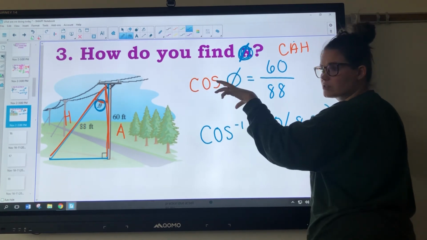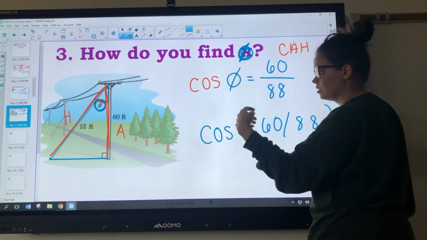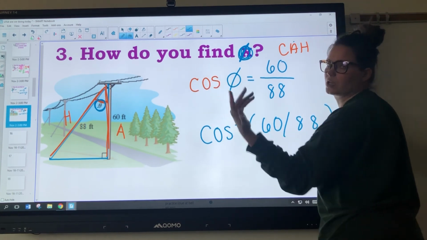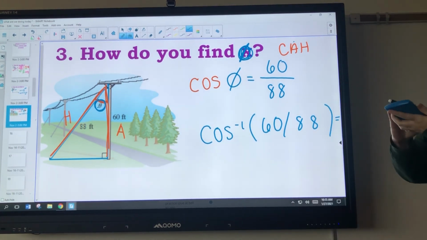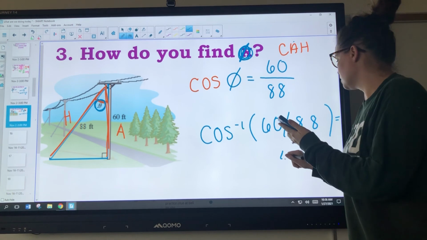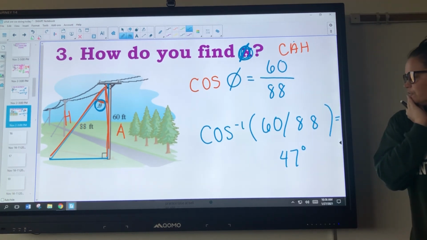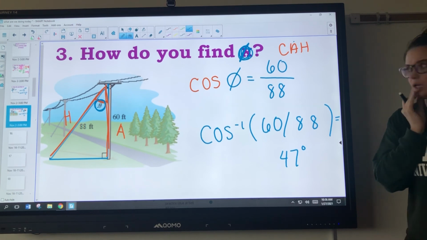And whenever you get rid of something, you do the inverse operation. Well, this is an inverse symbol. So the inverse cosine gets rid of the cosine to solve. Second cosine, 60 divided by 88. And it's 47 degrees. All right, we'll practice this for a few days. Come to Zoom if you need help. Good luck.